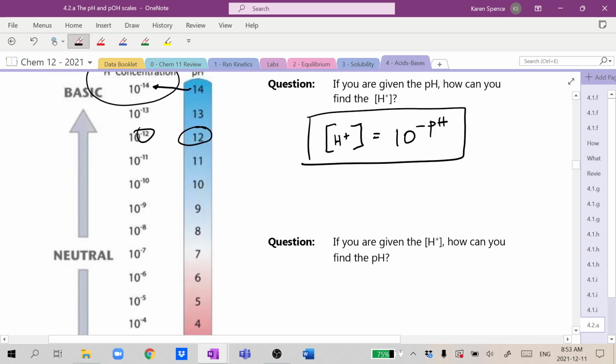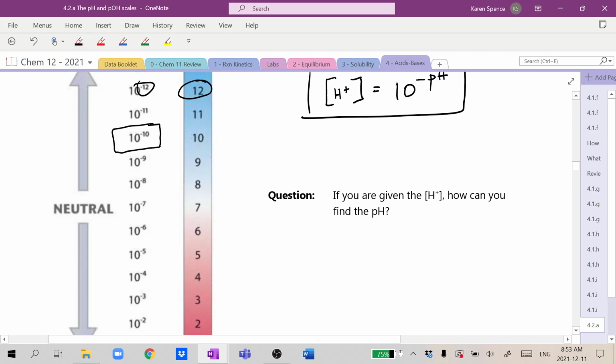If you are given the hydrogen ion concentration, so this time we're going the other way, how can I find the pH? Well, I don't know how familiar with logs you are, but the log of 10 to the x is x.